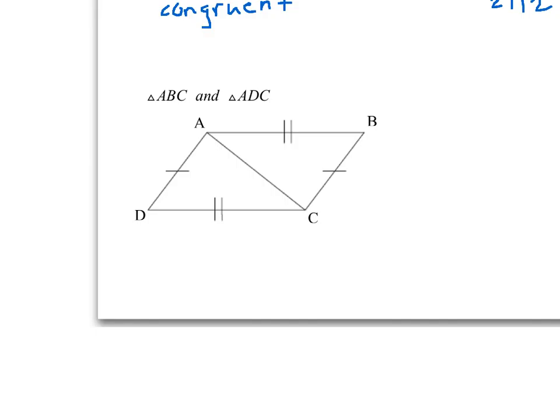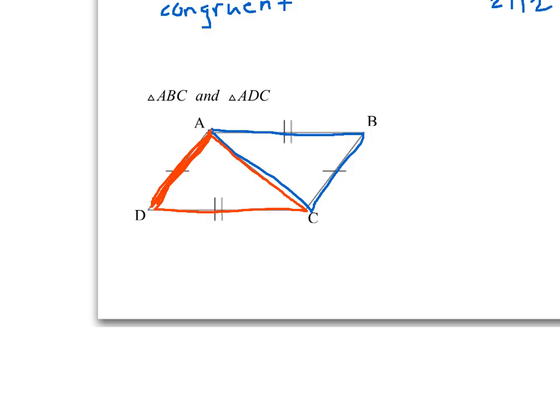So, I see two triangles here. It says ABC, so ABC. And it's looking for me to compare that to ADC. So, I need to find the lengths of my sides of the triangle. So, the length of this side is what?